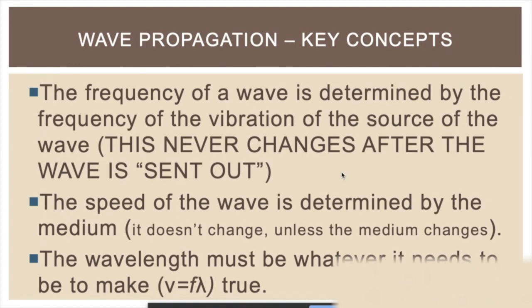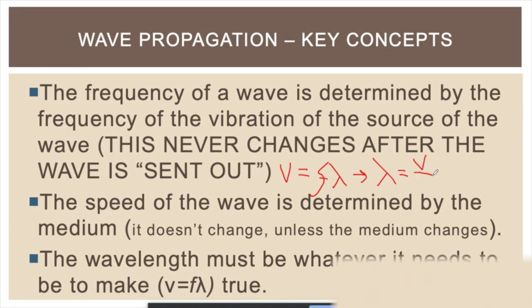Now, it's important to realize one thing here very quickly, and I'll write this here just so you can see it when we're going through the demonstration in a moment. If the equation in the reference table says v equals f lambda, and the speed is determined by the medium and the frequency is determined by the source, then solving that for wavelength leads us to something interesting.